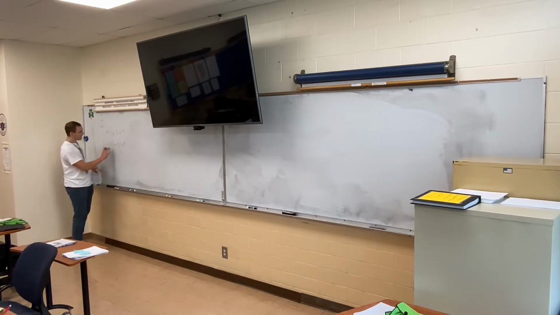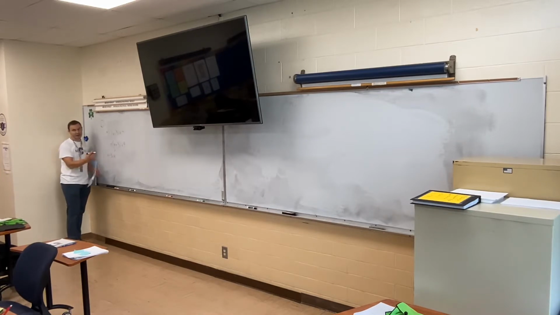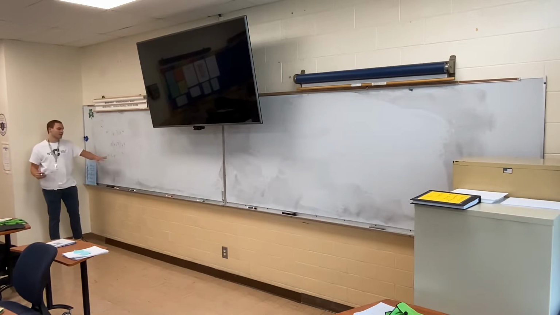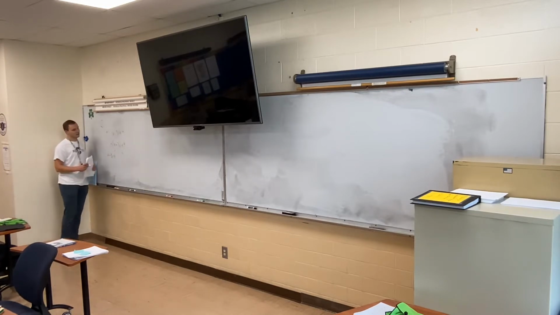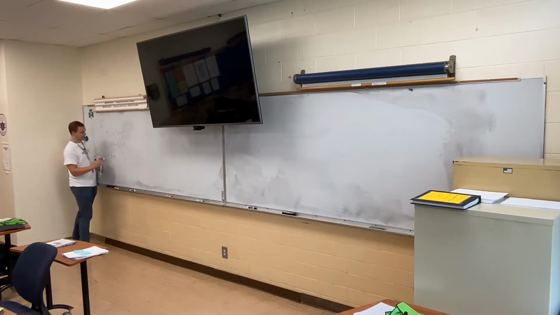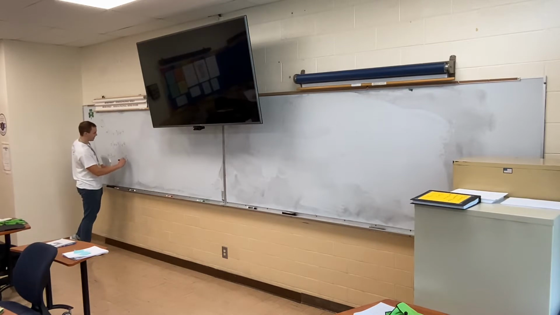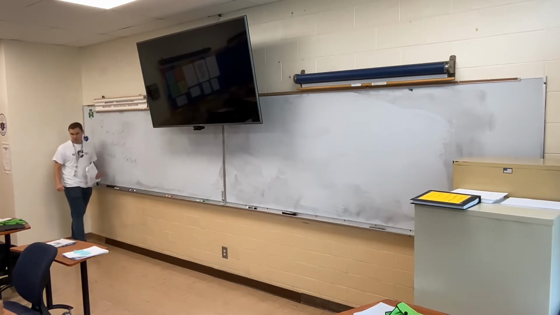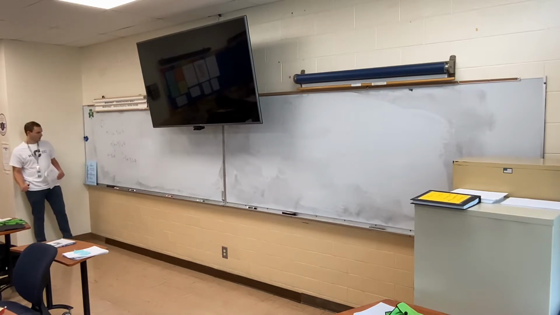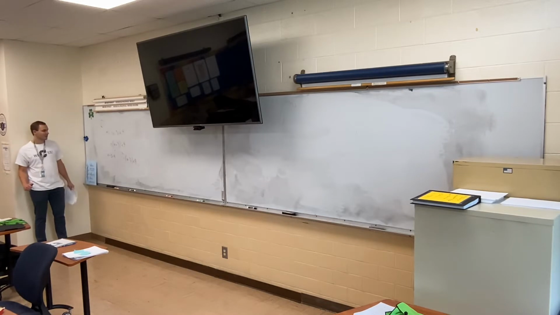I'm going to keep the plus in one of them, so I'm going to have x minus 3 less than 4, and in the other inequality, I'm going to have negative quantity x minus 3 is less than 4. I haven't distributed the negative yet, so I'm just trying to illustrate this for you.